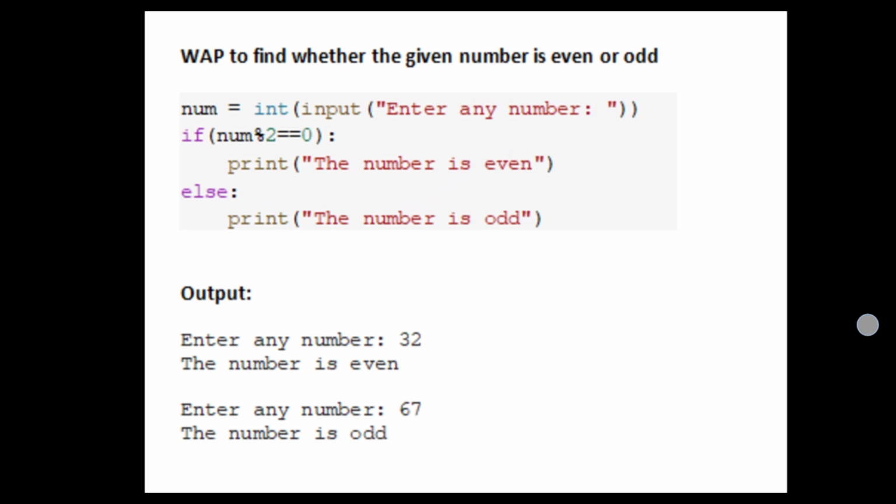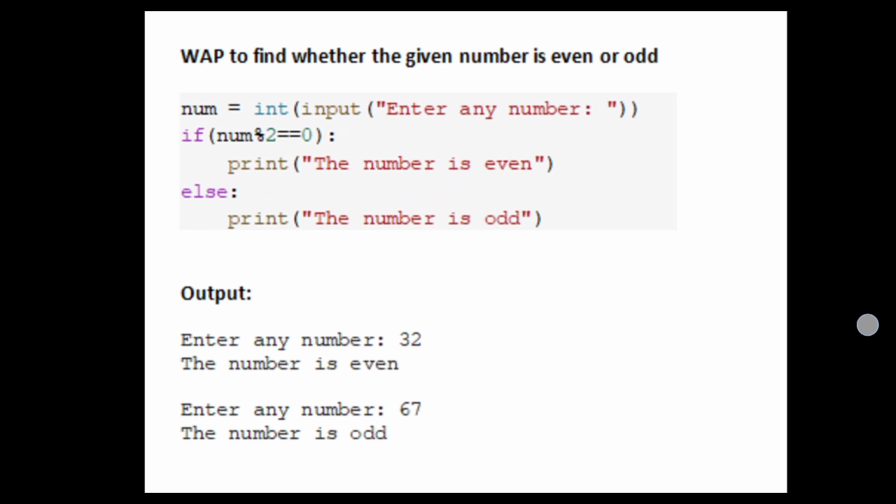If you take any number and divide it by 2, and the remainder is 0, then that number is even, and if the remainder is not equal to 0, then the number is odd. This is the basic concept to determine whether a number is even or odd.